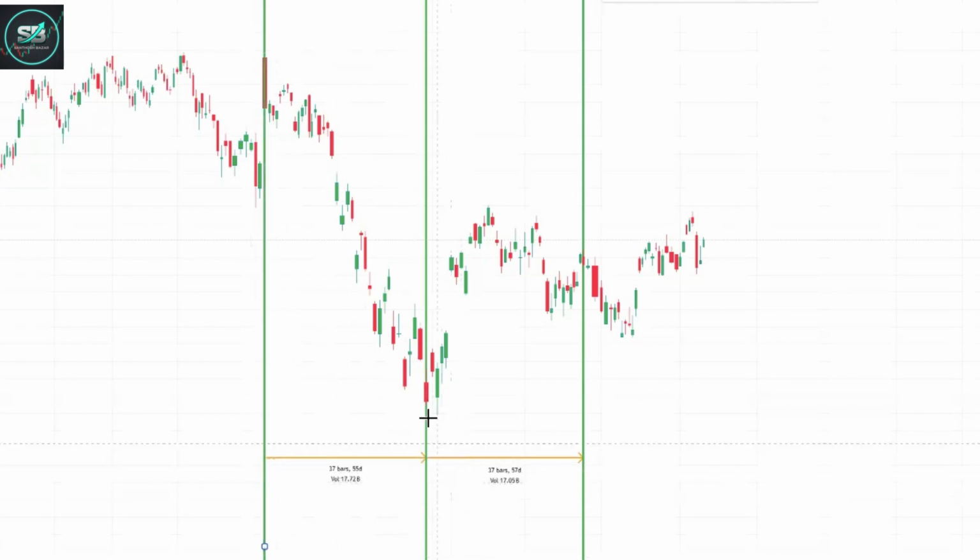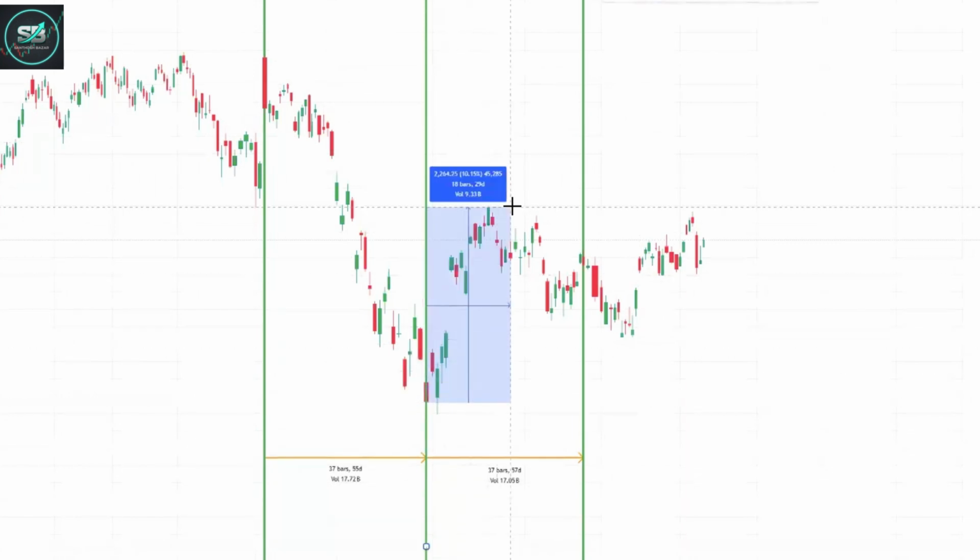This was the top, this is the bottom, again this is the top here. From here you have seen at least a 1000 plus points down move, almost 1000 points down move. And from here, almost a 2000 plus points up move.